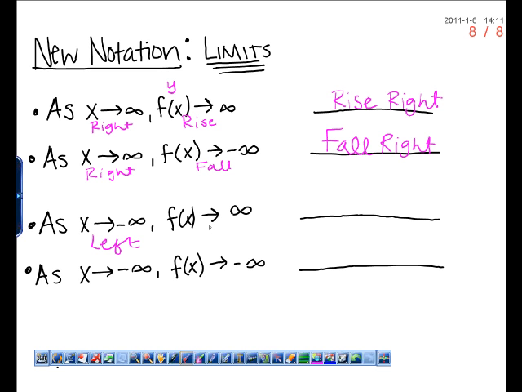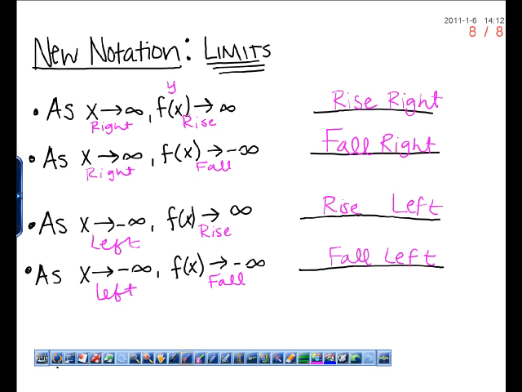So is that rise or fall? Rise. Good. As x approaches negative infinity, that's still going to the left. But now we are falling. So this is one notation, and this is a limit notation.